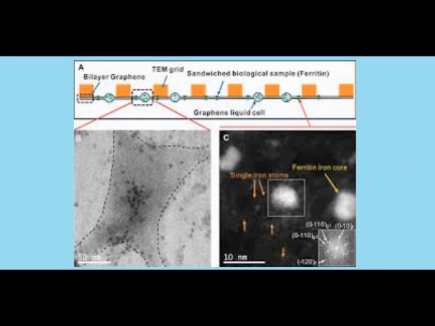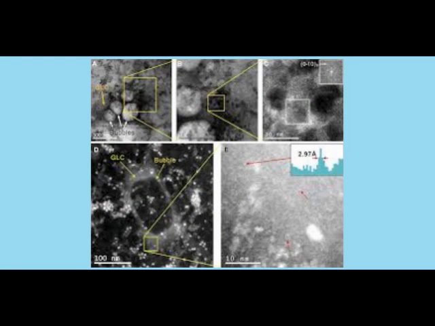For example, the use of graphene liquid cells. Here the ferritin is encapsulated in a single layer of carbon, the graphene liquid cell. And the images show better spatial resolution and better quality, so we could see the atomic resolution of the particles.